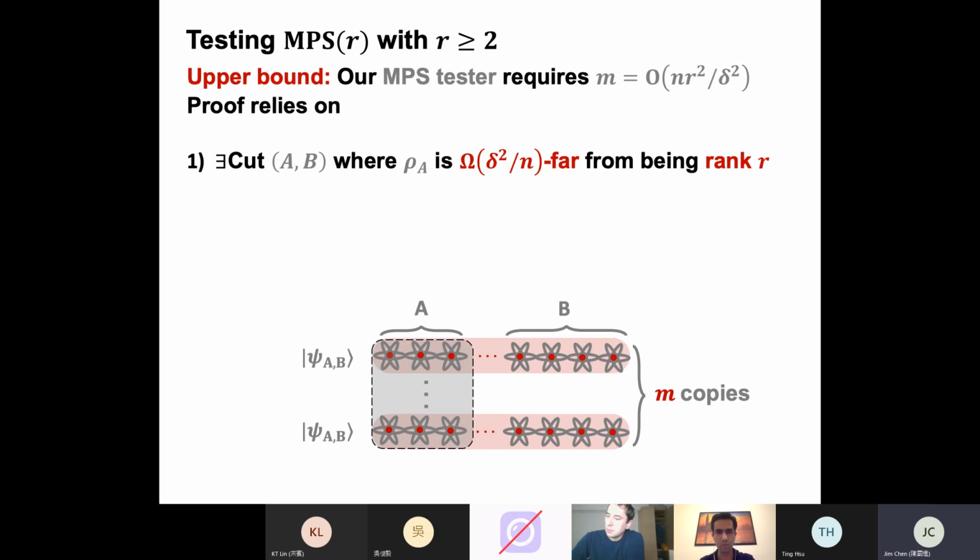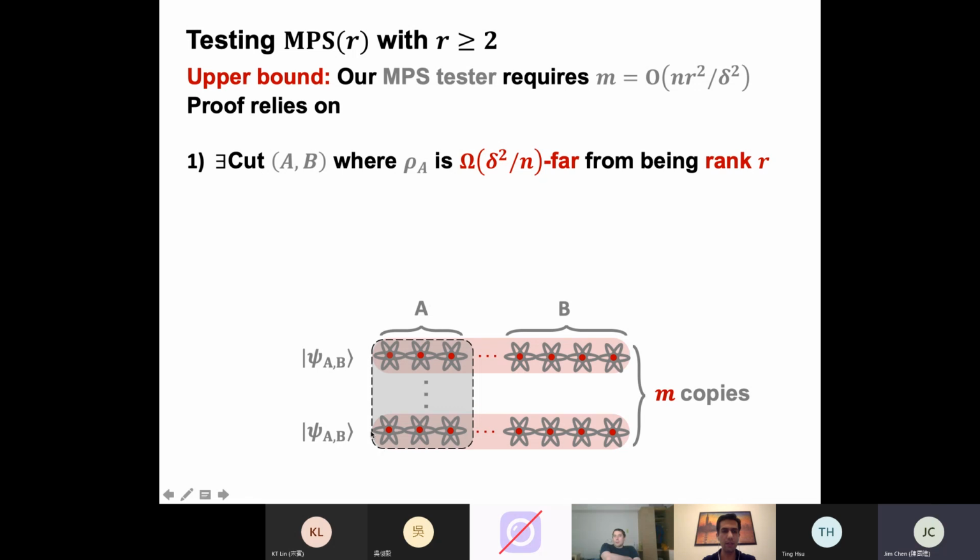Yeah. So the cut is between different copies. So you are trying to say there is a certain cut that can give you a good way to see if the rank can be limited. Right. So by cut I just mean a bipartition of the state into two sets. And this shaded area here is just saying we have this rank tester that is being performed on qubit 1 through something which we called A, and their copies.